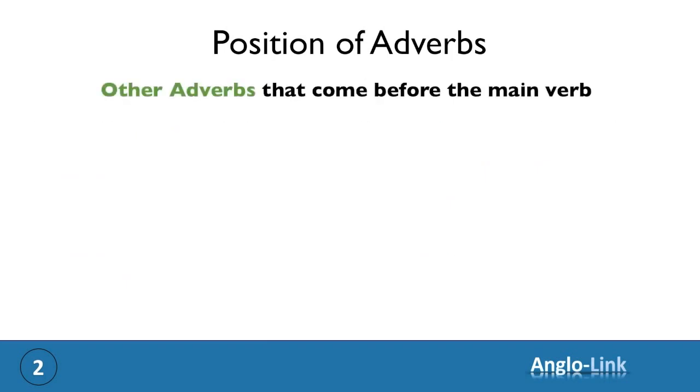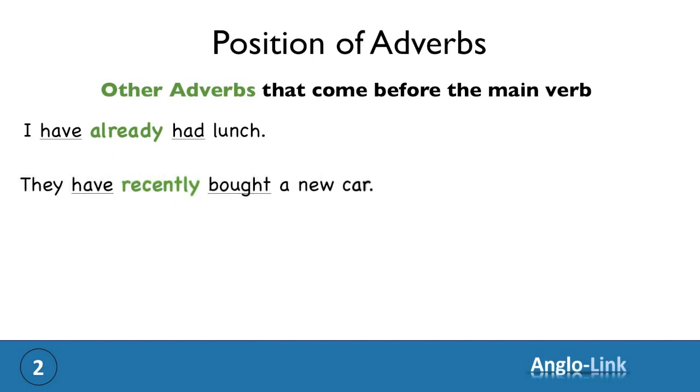Right, let's have a look at other adverbs that come before the main verb. Already. I have already had lunch. Recently. They have recently bought a new car. Just. She has just come back.